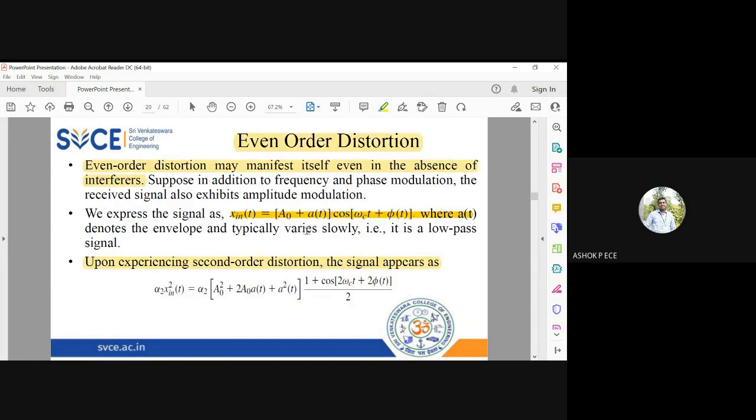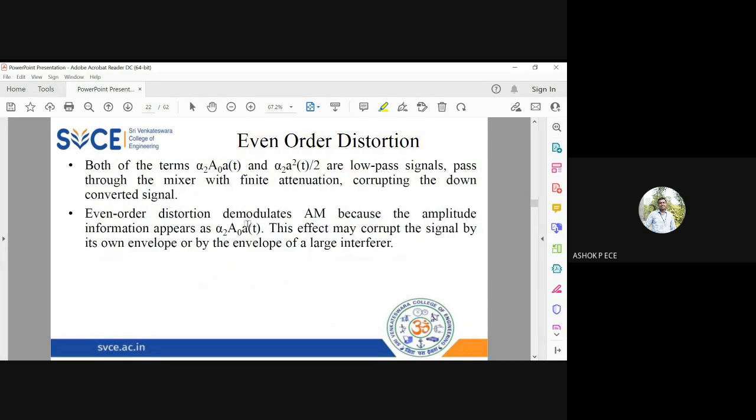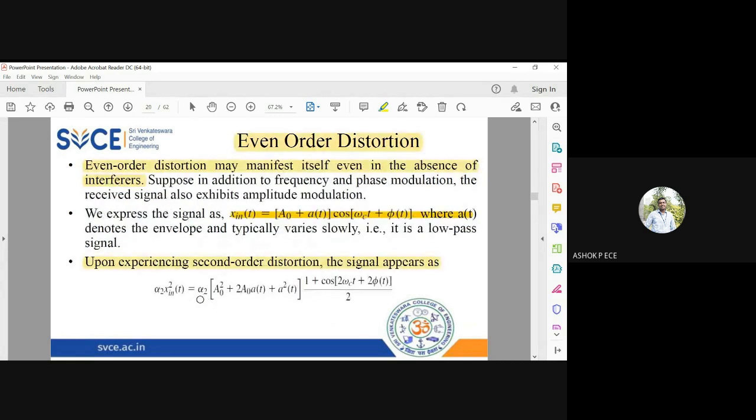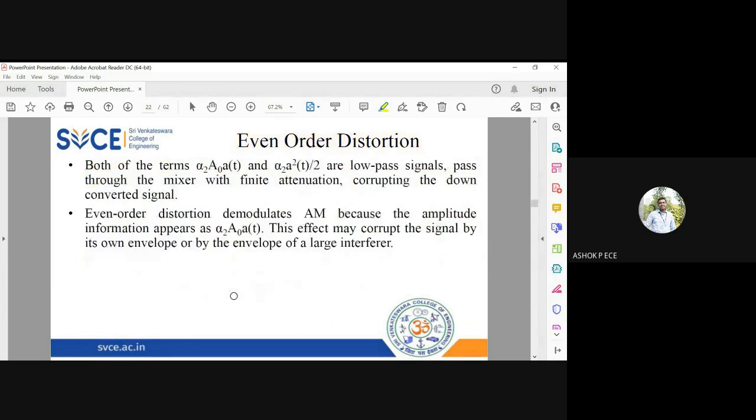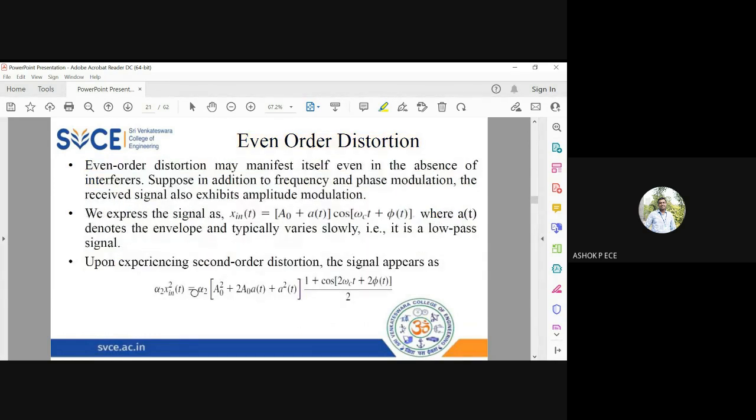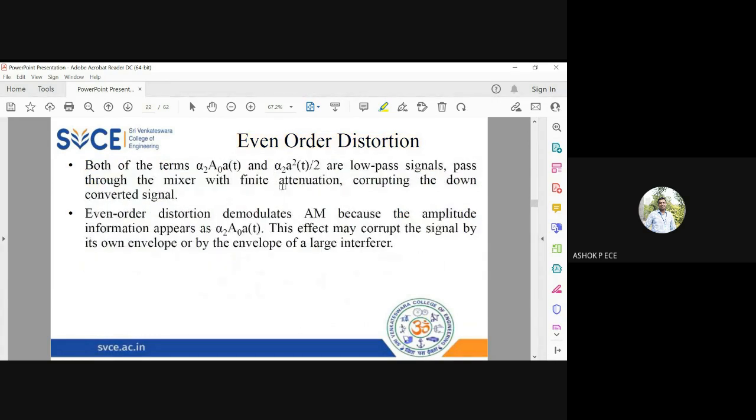See here, this term, alpha 2 a naught a of t, the second term, and alpha 2 a of t square by 2 are low pass signal terms, and they are going to corrupt your signal.